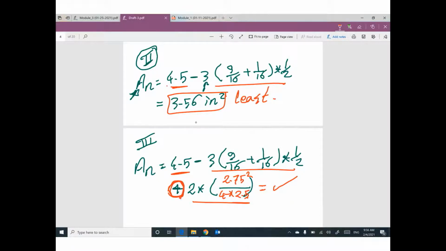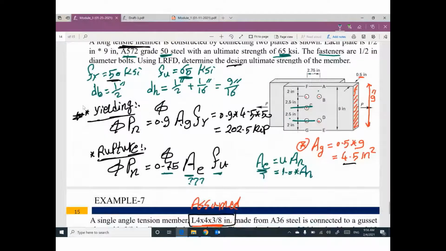That means I expect a value here greater than 3.56. If you would like to take this decision before calculating anything, okay. If you don't have any idea, go ahead and get your numbers and you will find this one will be the least number. So 3.56 here is the value of area effective.